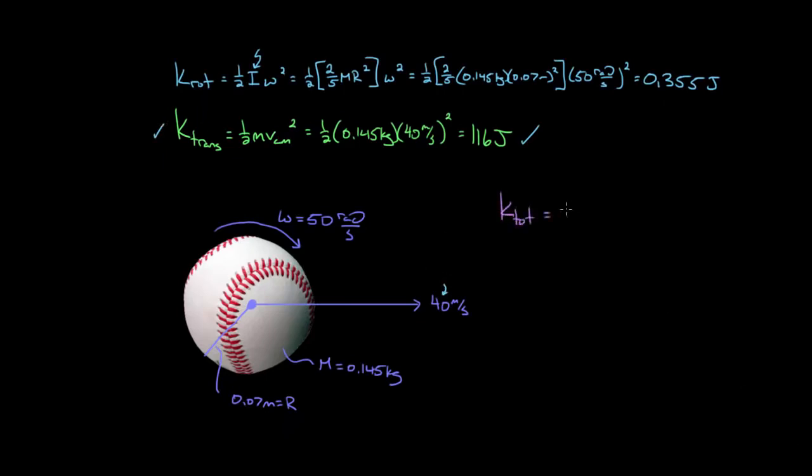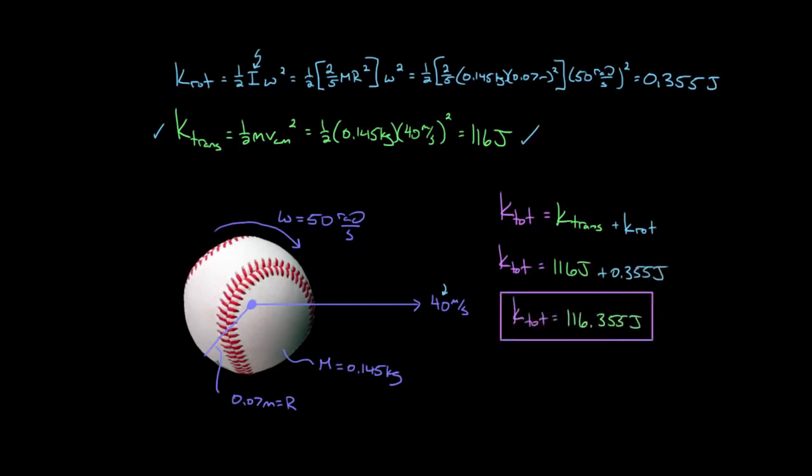K total would be the translational kinetic energy plus the rotational kinetic energy. So that means the total kinetic energy would just be 116 joules plus 0.355 joules, which gives us 116.355 joules.